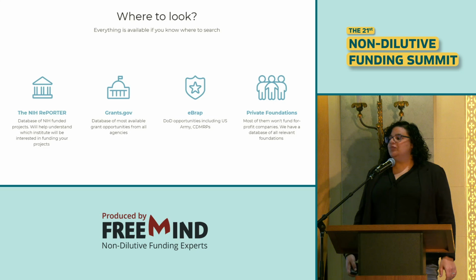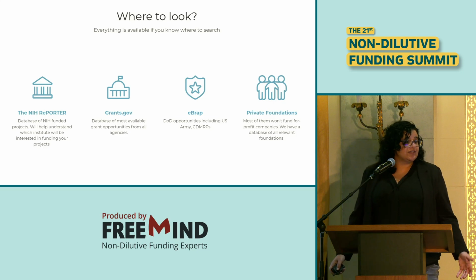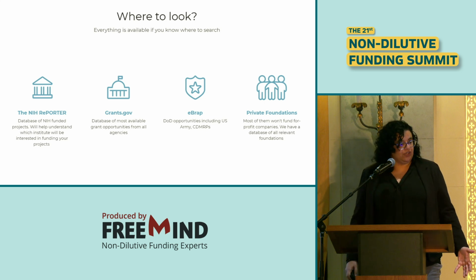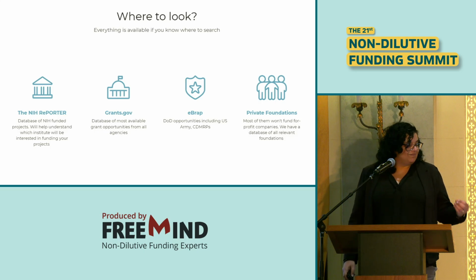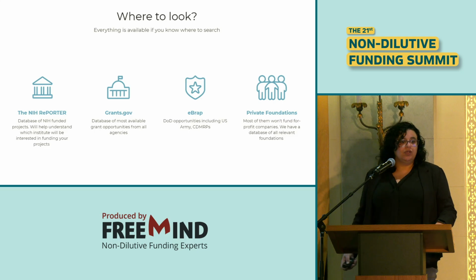And next, the private foundations. The private foundations are the hardest. Why? Because there are so many private foundations. How do you know if a private foundation will fund you? This is the hard part, because most of the private foundations we know fund academics.